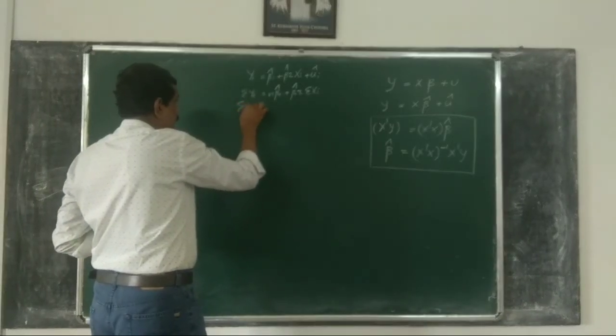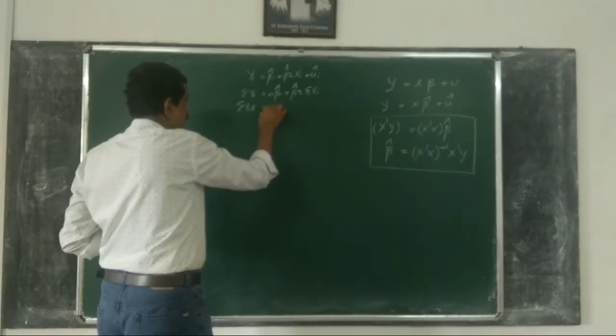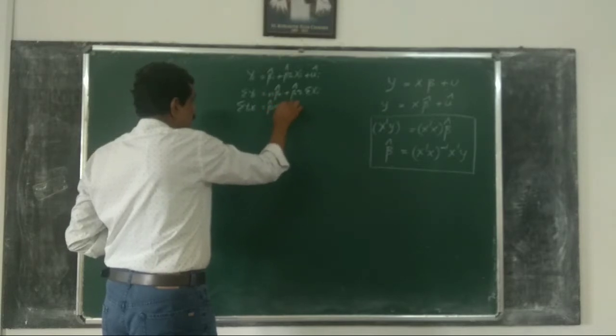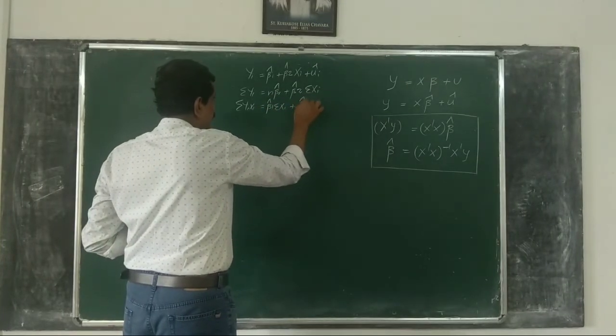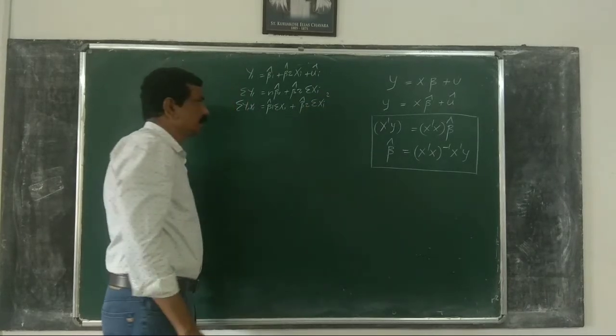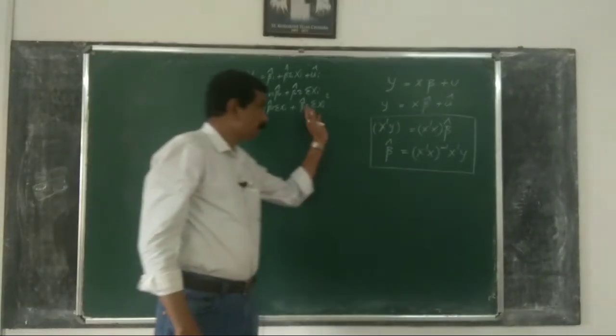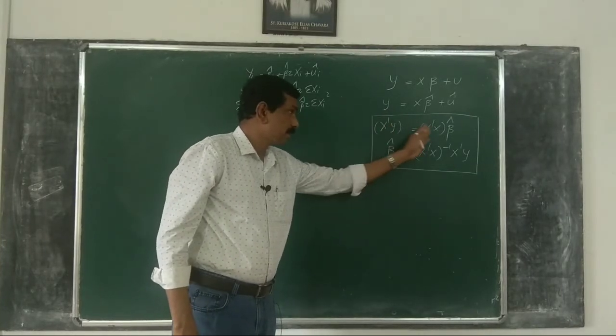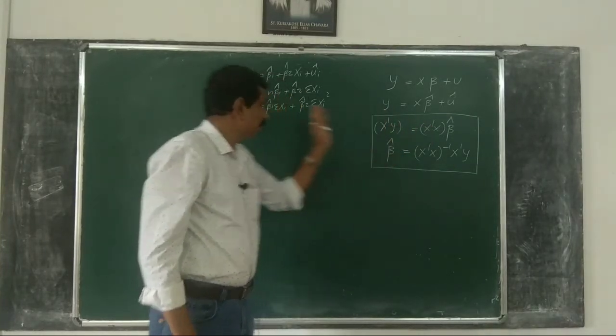Sigma Yi Xi is equal to beta 1 hat sigma Xi plus beta 2 hat sigma Xi square. So, for the two-variable model, the normal equation is this.